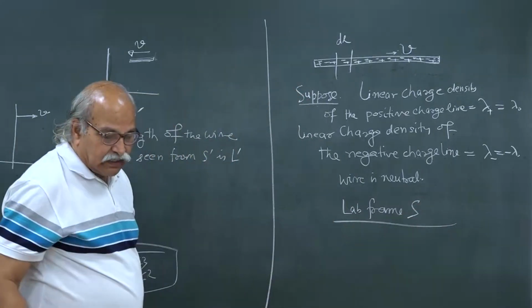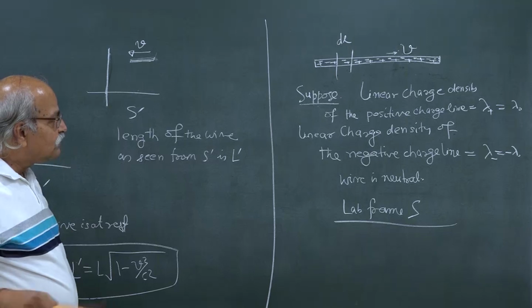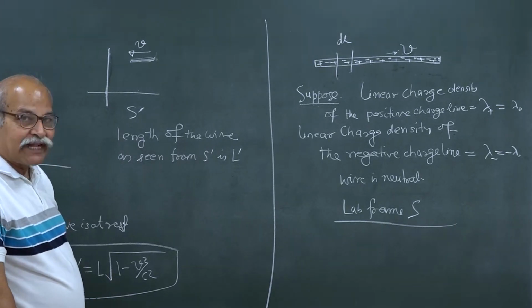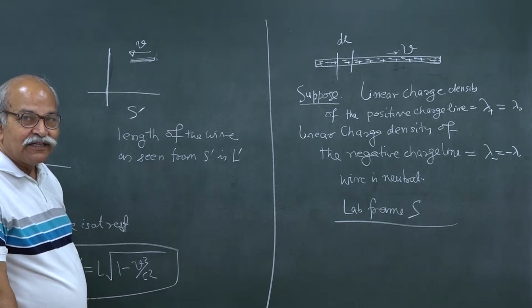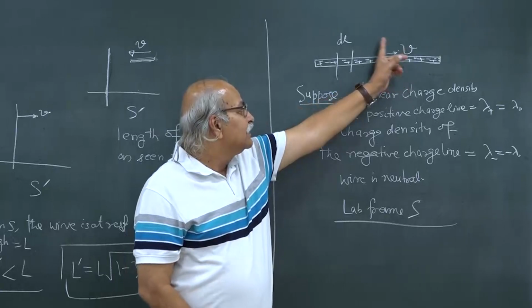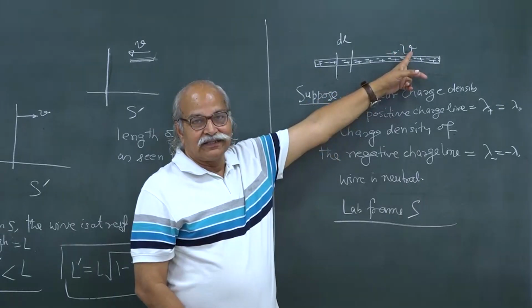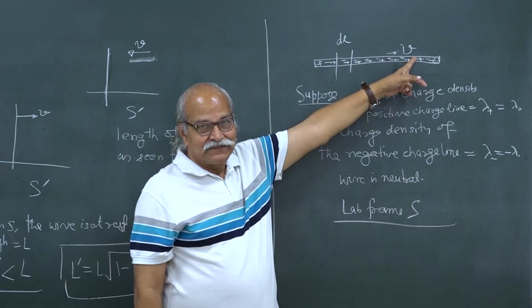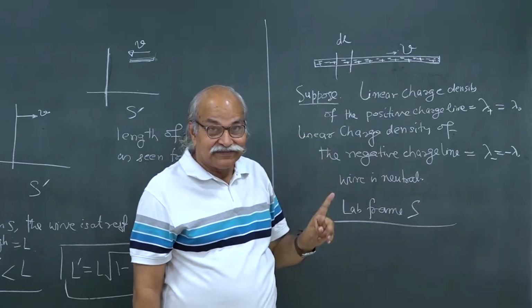Okay. Now, suppose I look at this whole situation from a frame which is moving with respect to lab with a velocity v, in this direction, towards right on the board. What will happen?